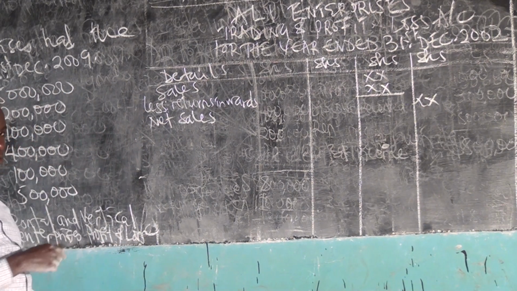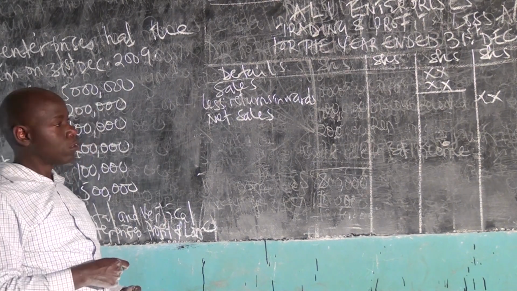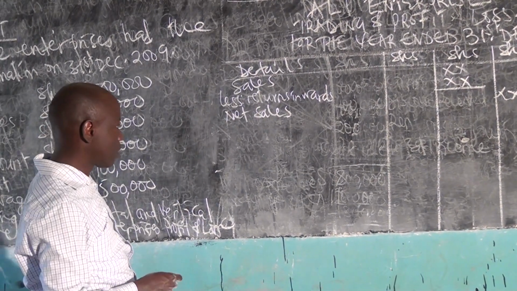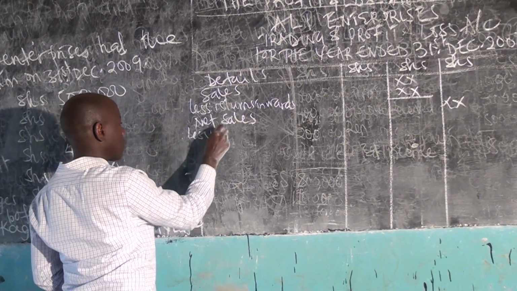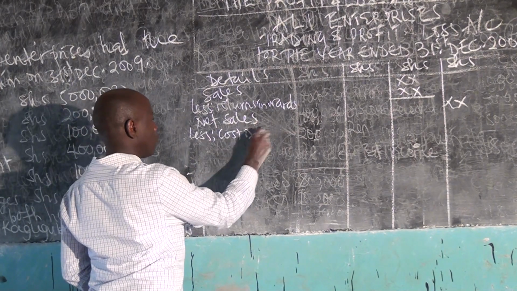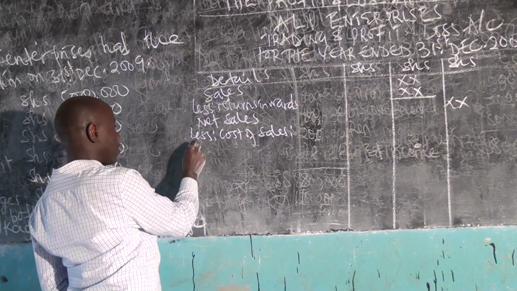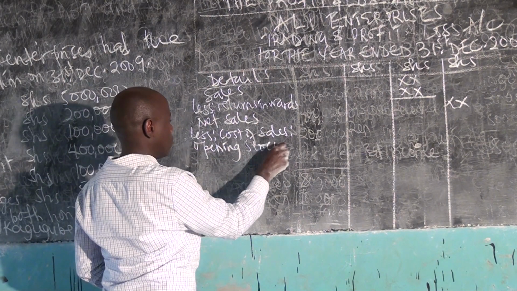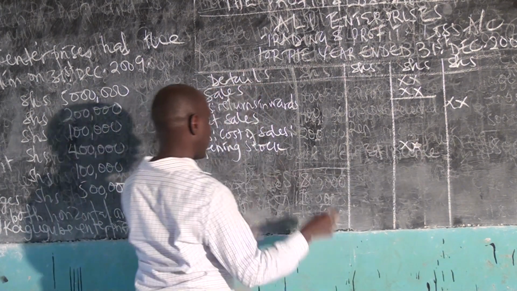When you less, what you get is known as net sales. According to the formula, gross profit is equal to net sales minus cost of sales. So here you can say less cost of sales. To get the cost of sales, you get the opening stock, that amount of money.